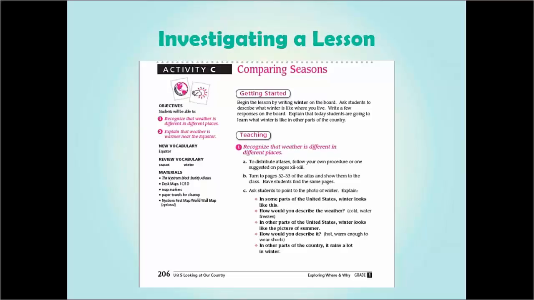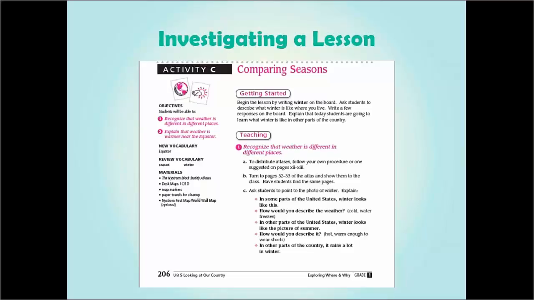We talked about how in some parts of our world, in some parts of our country, winter looks like spring in Washington, D.C. In some places, winter looks like winter in Washington, D.C. And in other places, like Hawaii, in the wintertime, it looked like summer in Washington, D.C. So the students did some comparing there, and we also brought in a little civics and talked about our nation's capital.